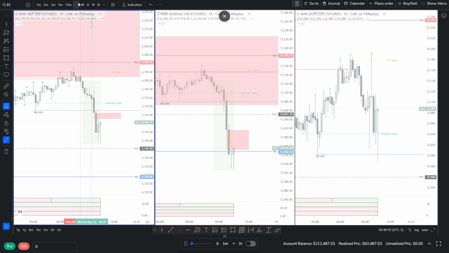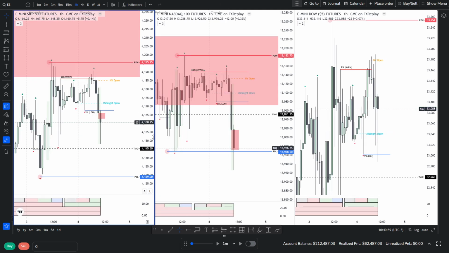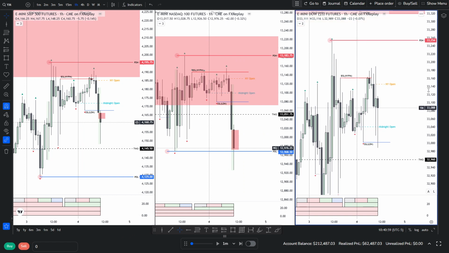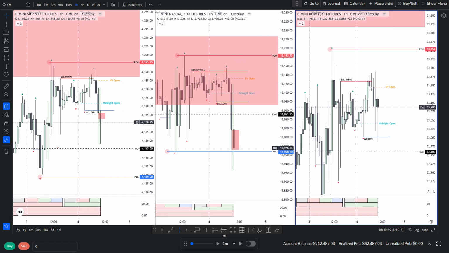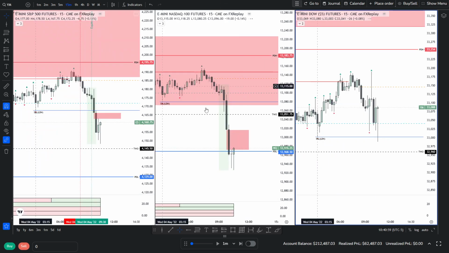I'm going to pop back out to the hourly to see what's occurring. Okay, and we're seeing that this could be a breakaway gap because of the M15.